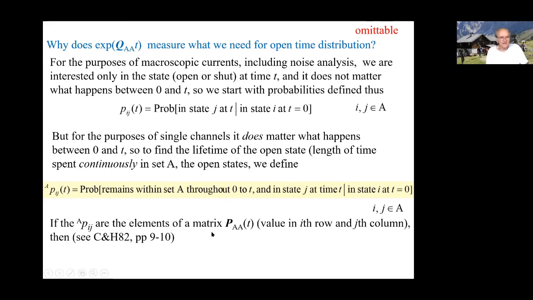So if these probabilities are elements of a matrix PAA of t, that's the value in the ith row and jth column, then we will show in the next 2 slides that this is just e to the QAA t.